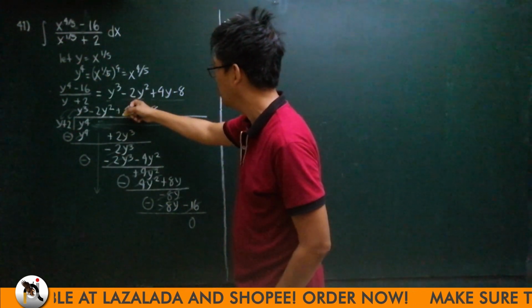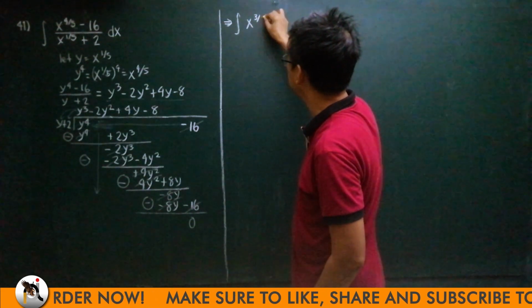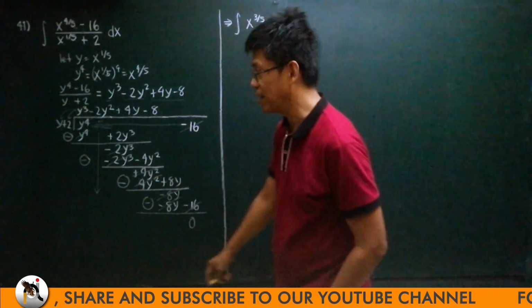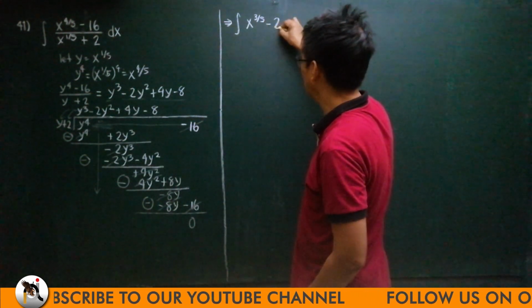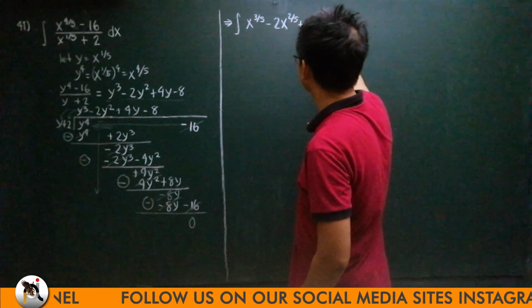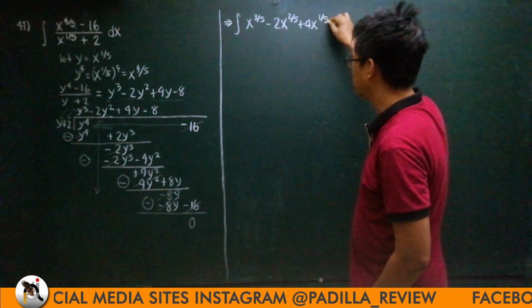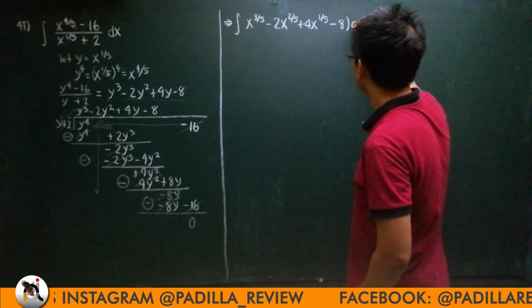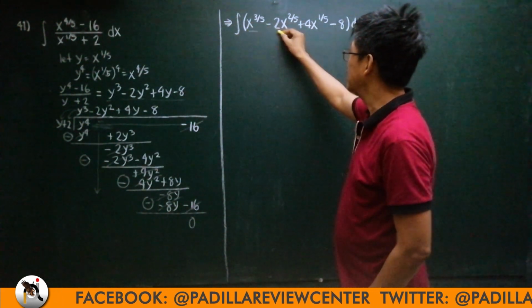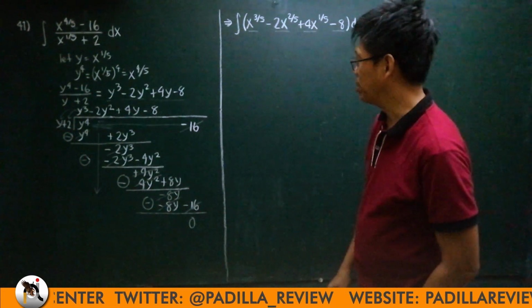In terms of x, this is x to the 3/5 minus 2 x to the 2/5 plus 4 x to the 1/5 minus 8 dx. This is now independent powers of x. We apply the power formula. Okay?